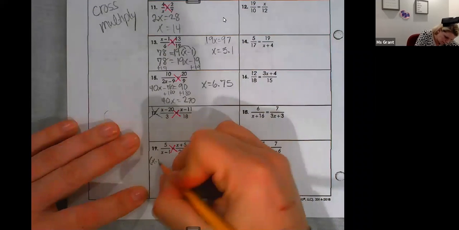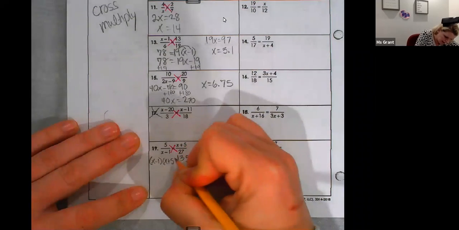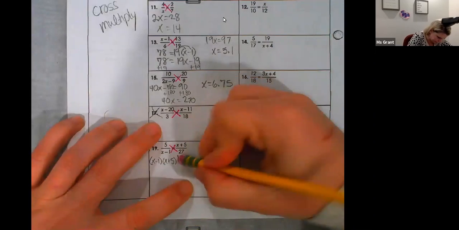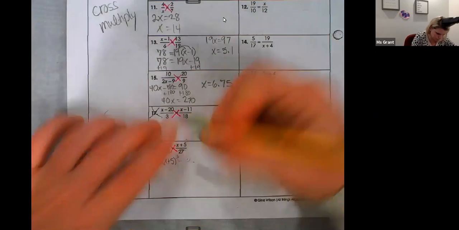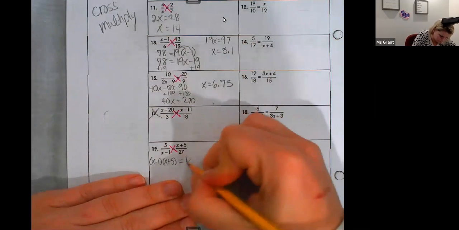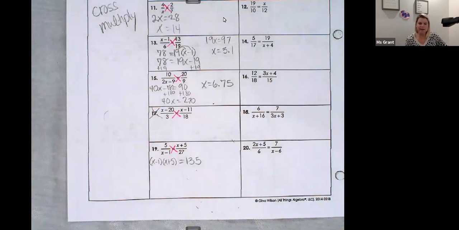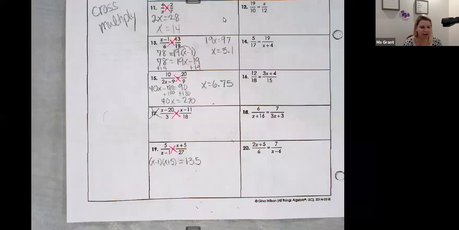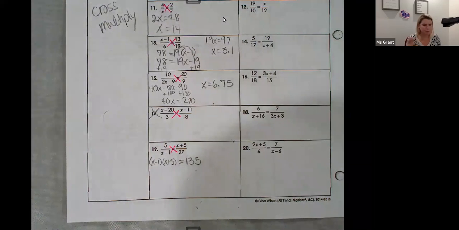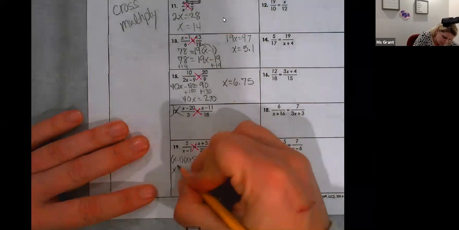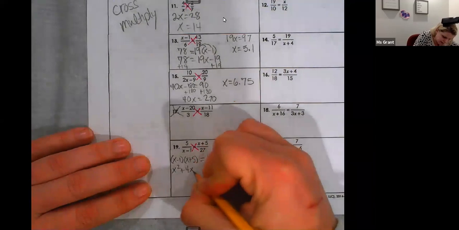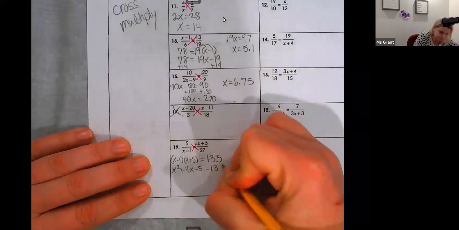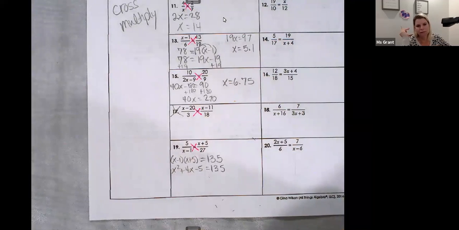X minus 1, x plus 5. FOIL it. X minus 1, x plus 5 equals 135. And then I'm going to make it a trinomial by getting everything to one side. X squared plus 4x minus 5 equals 135. FOIL, easy, right?